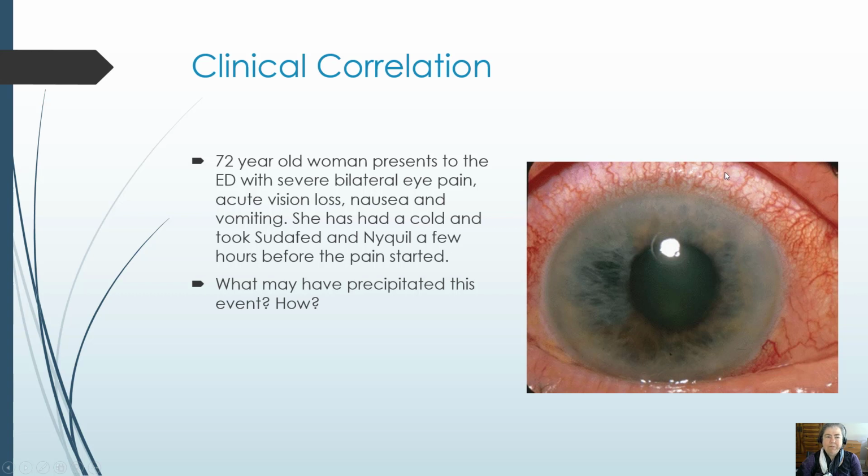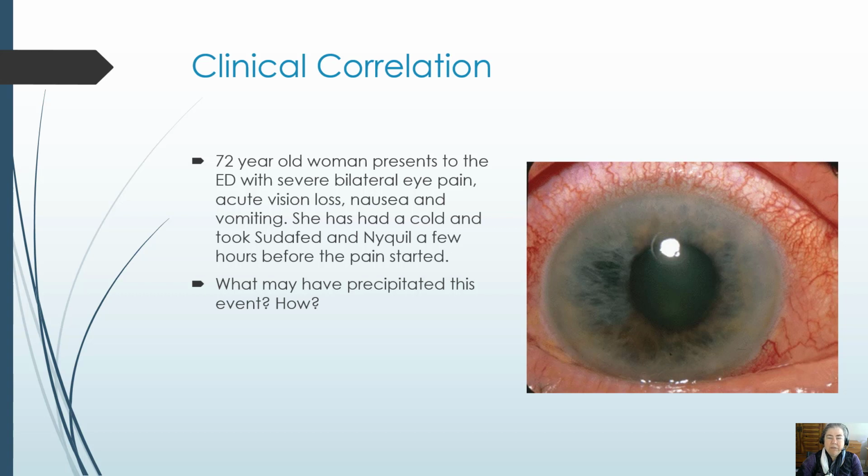Why is it important? Well, I mentioned that if you are making aqueous humor and you are not constantly getting rid of the aqueous humor that you make, you're going to get an increase in pressure in the anterior chamber. So here we have a case, and that's a pretty scary looking eyeball there, isn't it?